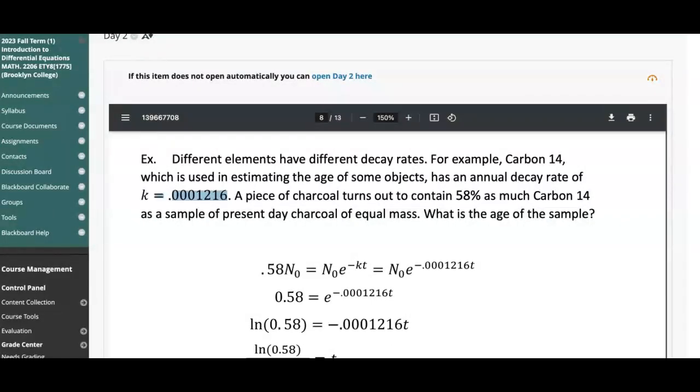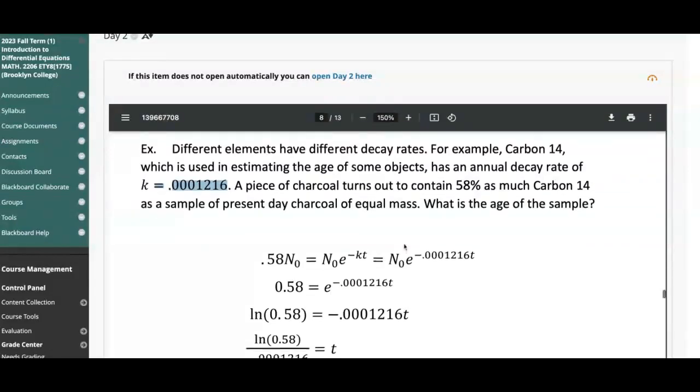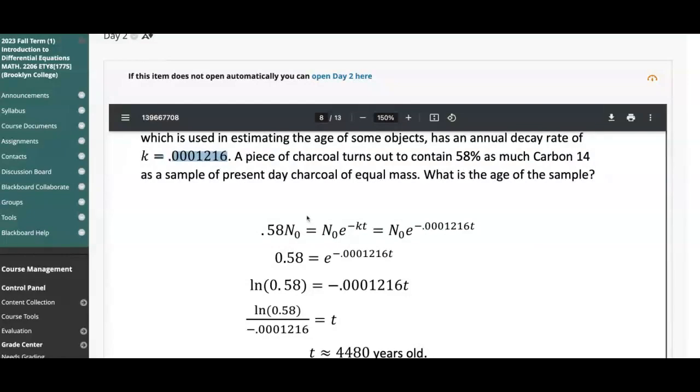A piece of charcoal turns out to contain 58% as much carbon-14 as a sample of present-day charcoal of equal mass. What is the age of the sample? We use the formula: 58% can be written as 0.58 N naught equals N naught e to the negative KT, and we know K is this number.